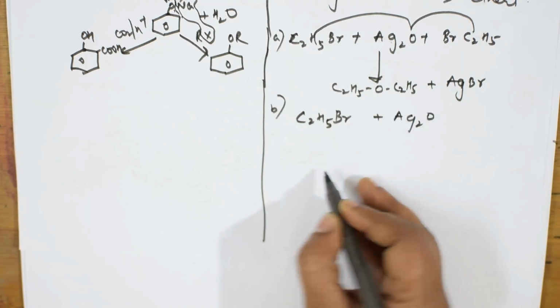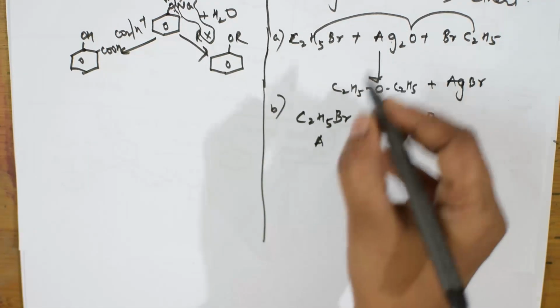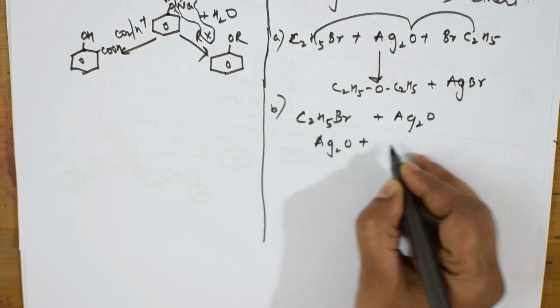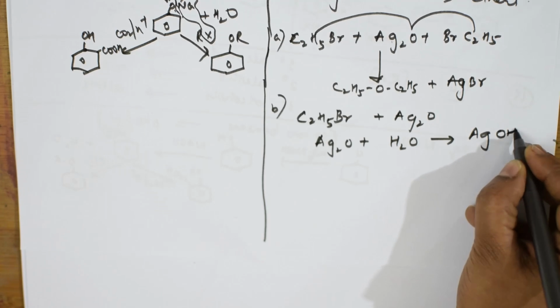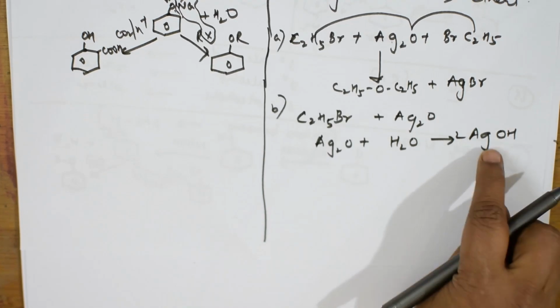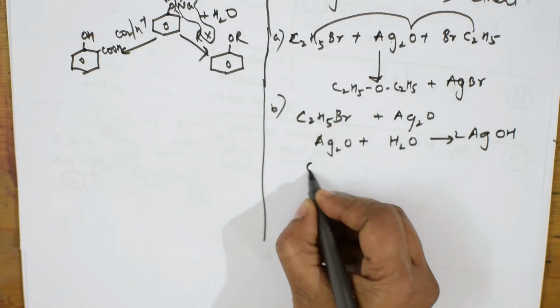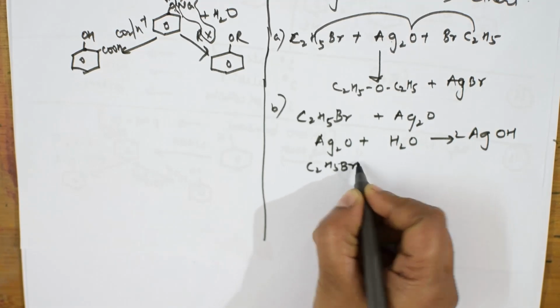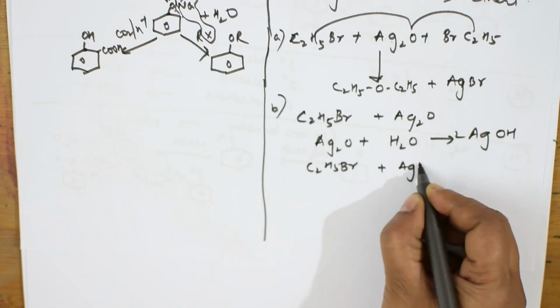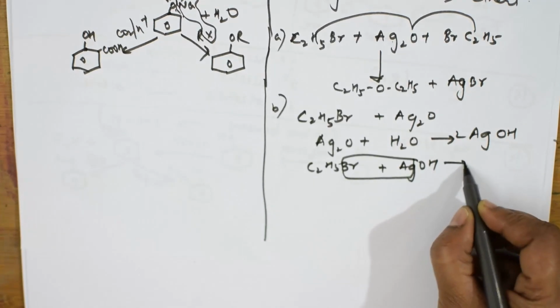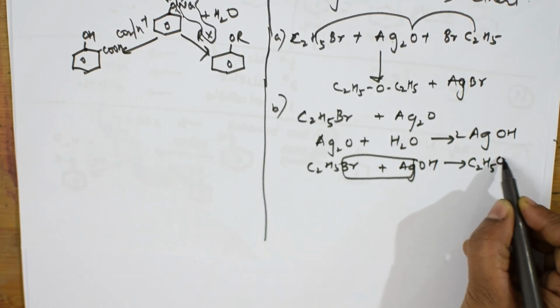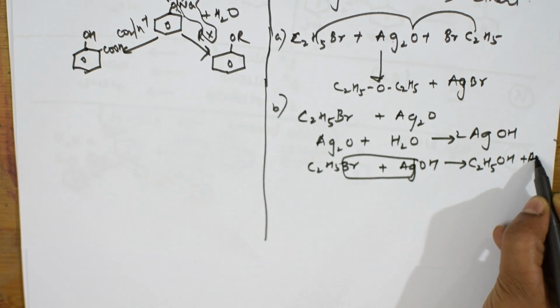Before this I said it undergoes hydrolysis, isn't it? Silver oxide combines with water and forms silver hydroxide. Now this silver hydroxide is going to react with this alkyl halide: Br plus AgOH. What do we get? We get AgBr out, so C2H5OH plus AgBr.